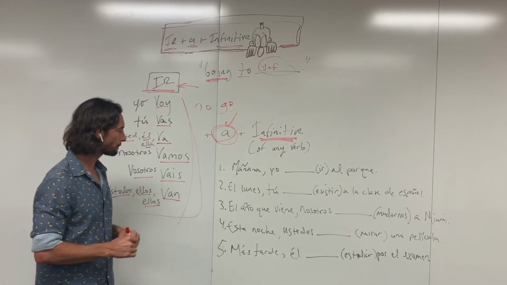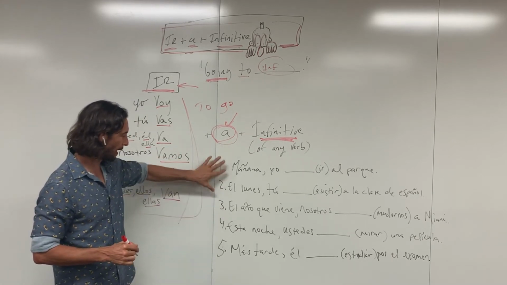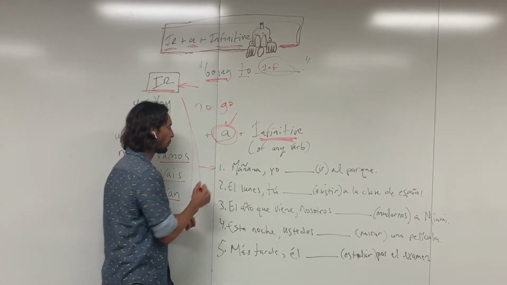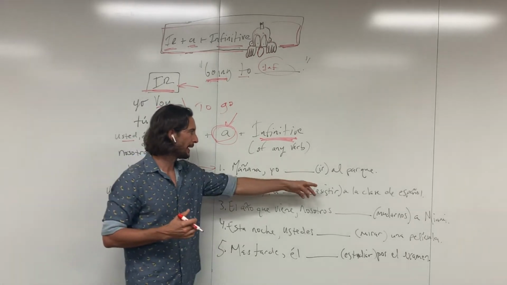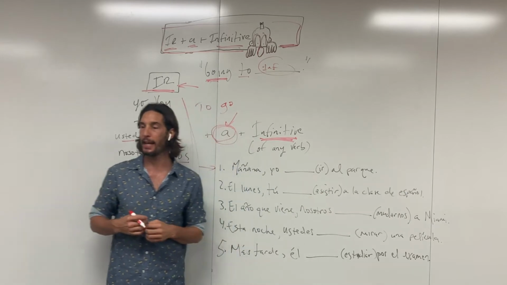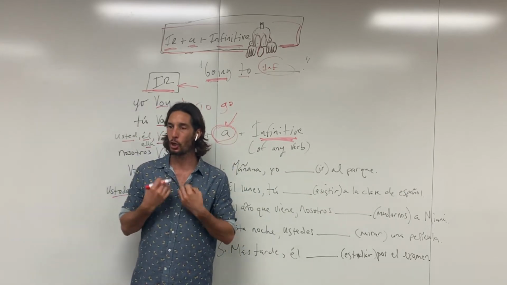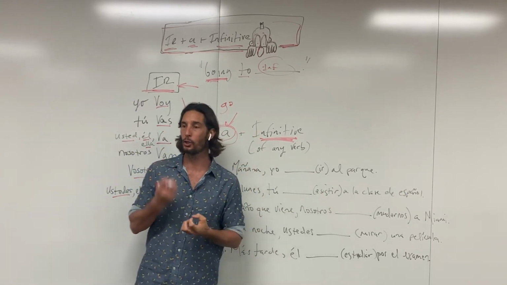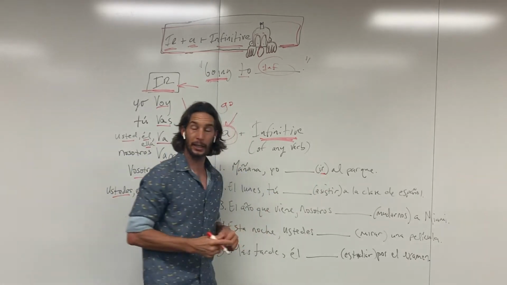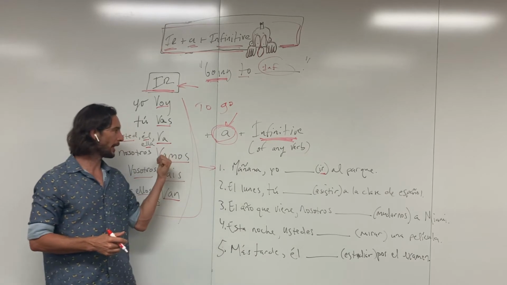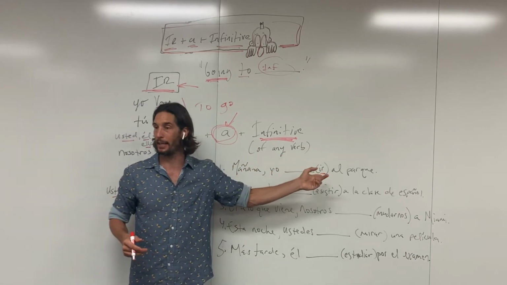And so, as you'll see here, we've got 5 examples. So number 1 is "Mañana yo" and then we're going to fill in the blank, "al parque." And so what we want to say is "Mañana yo," I am going to go to the park. And so that's what we're going to fill in here. And yes, you can use ir conjugated and ir as an infinitive.